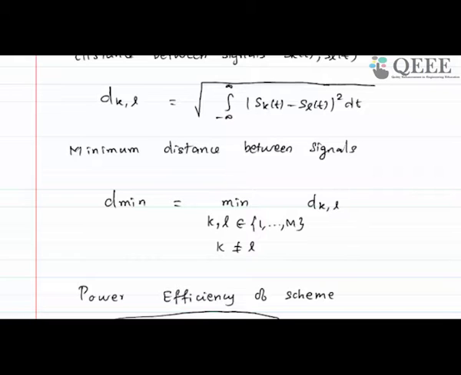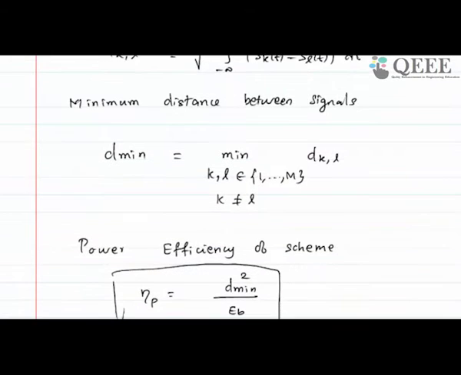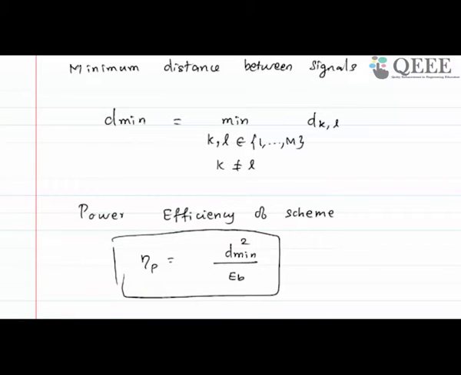Now we are in a position to define what is called the power efficiency of a modulation scheme. The power efficiency is defined as the minimum distance squared divided by E_b, the energy per bit, so normalized by the energy per bit. You want the distance between the signals to be as large as possible, but at the same time you are normalizing by the energy, so you can't keep on increasing the energy and then increasing the distance.